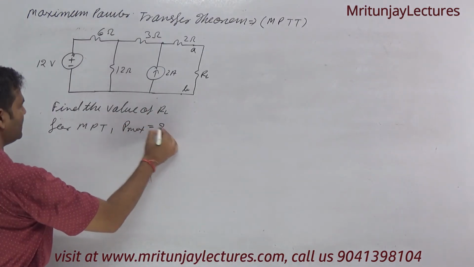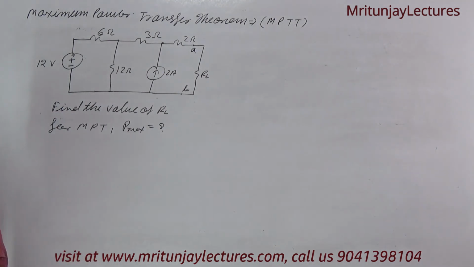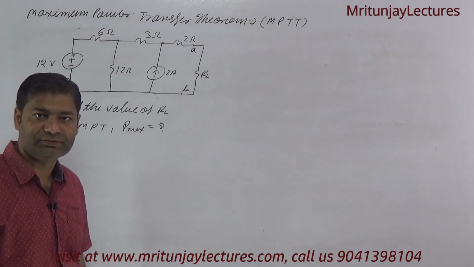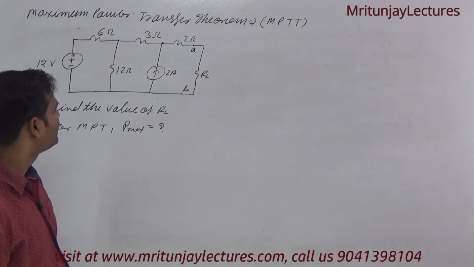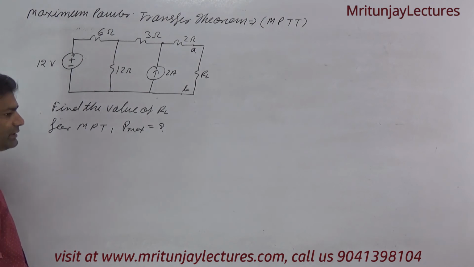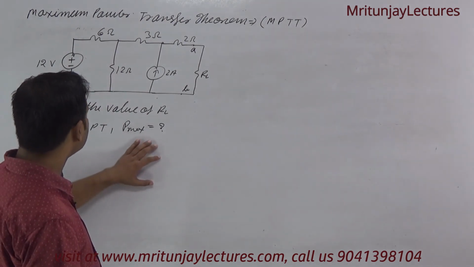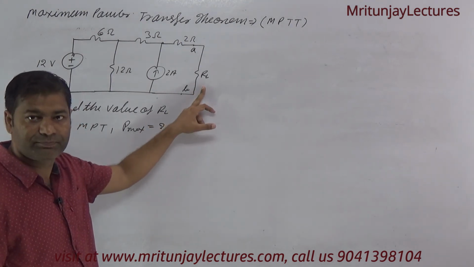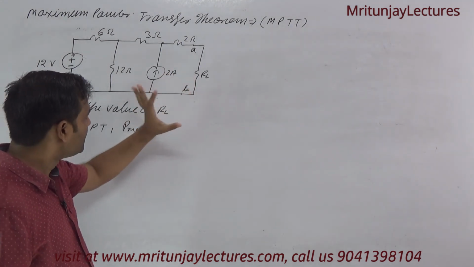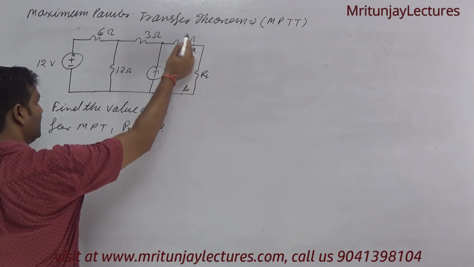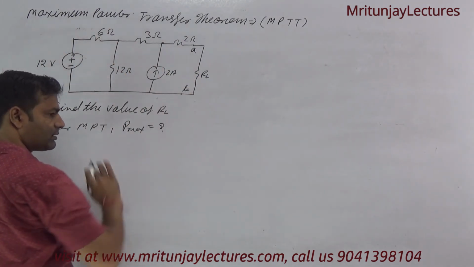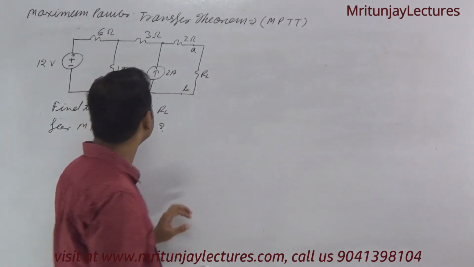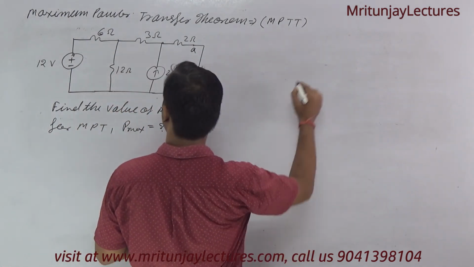What is our motto? Find the value of RL for maximum power transfer, and Pmax also. So first of all, I know that RL is given like this one. First, this circuit can be converted into its Thevenin equivalent.